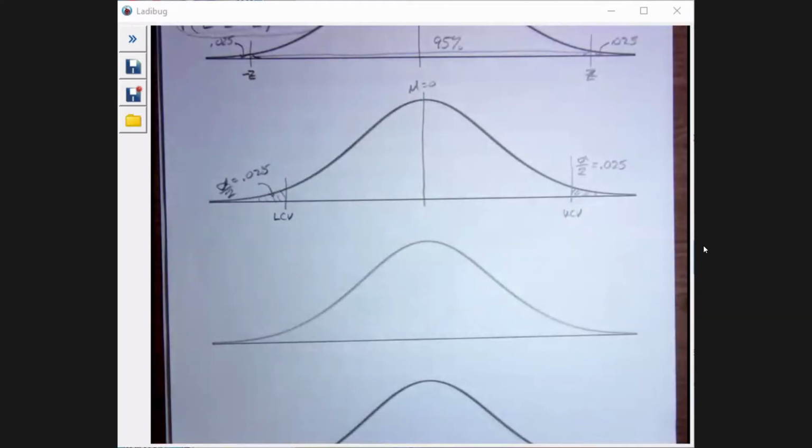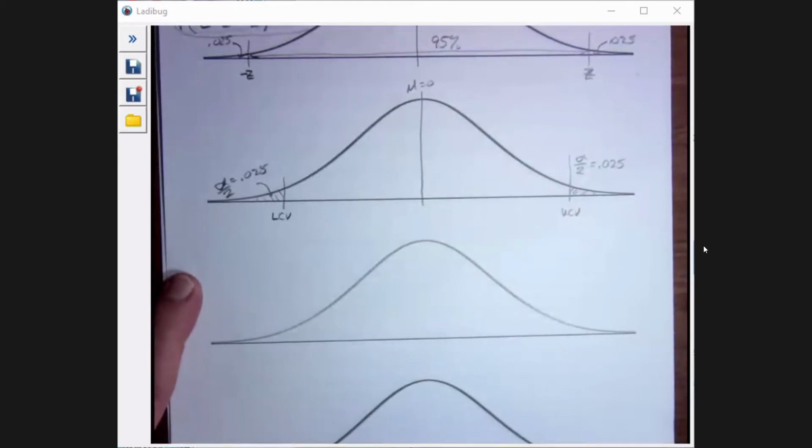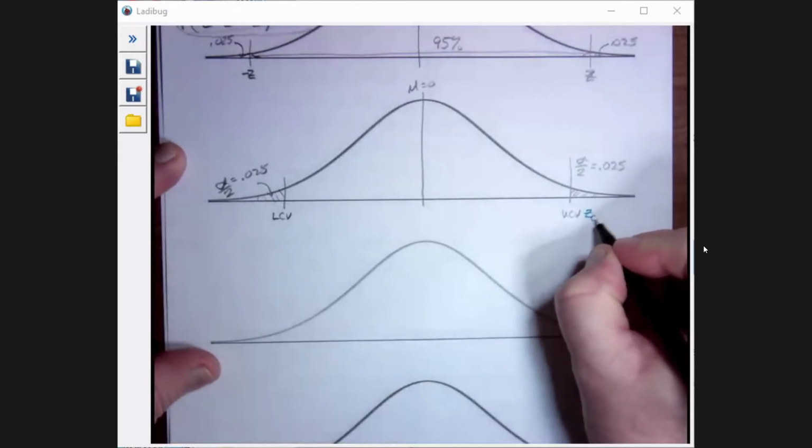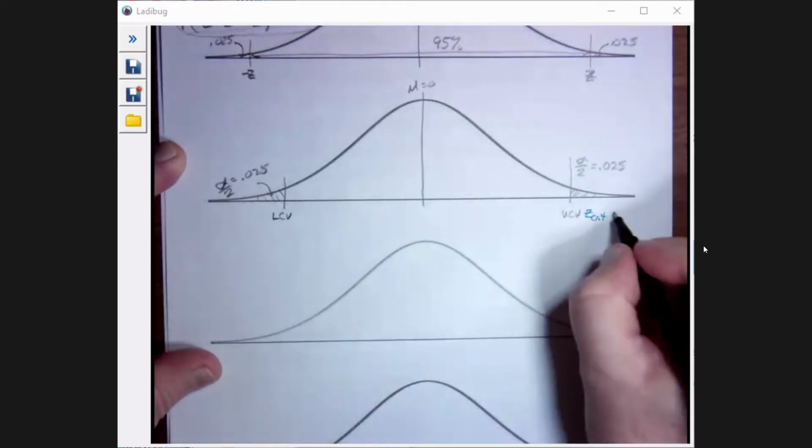Is everybody okay? Okay, now because our test statistic is a standardized statistic, we're going to need to come up with our critical values. I'm going to come up with a critical value there.